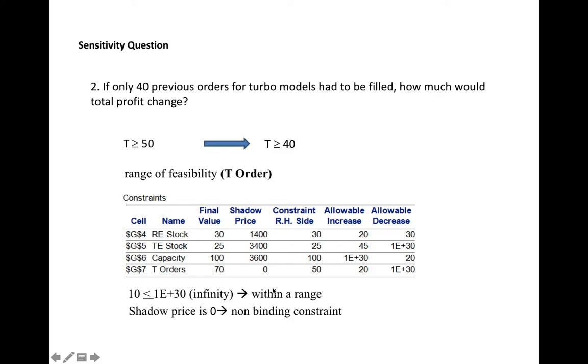And if you take a look, the shadow price is 0, meaning that this constraint is not binding at my optimal solution. Therefore, my conclusion is that profit is not going to change.